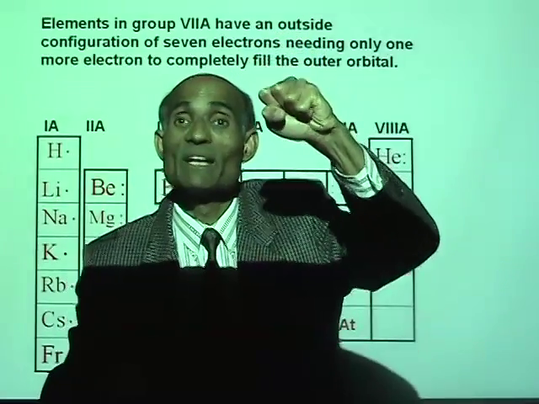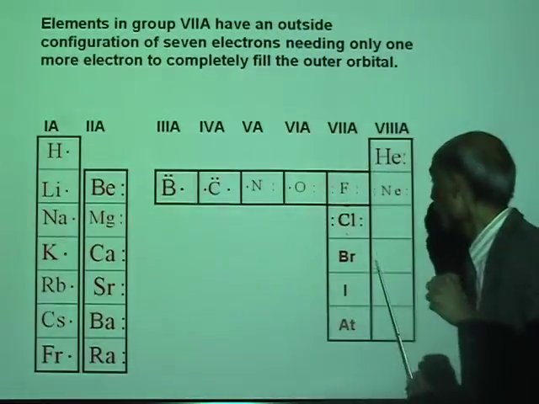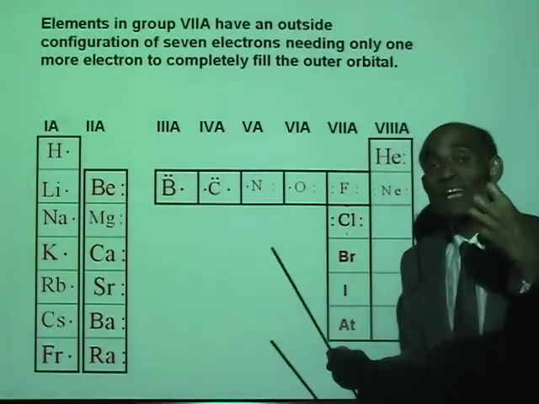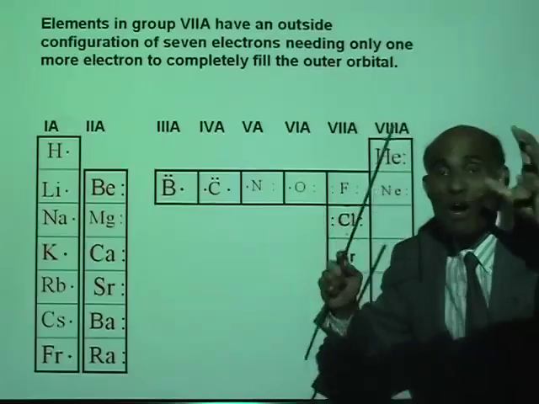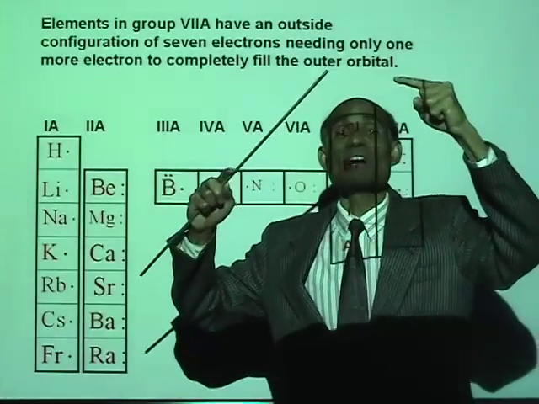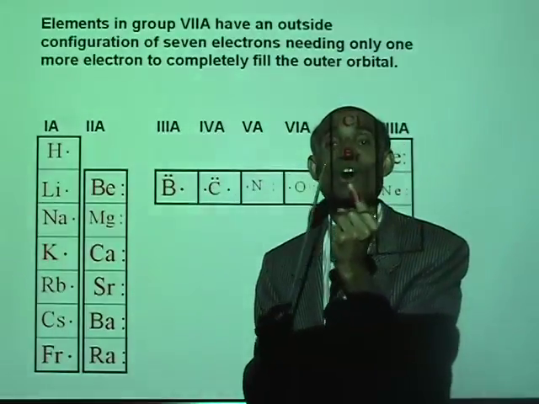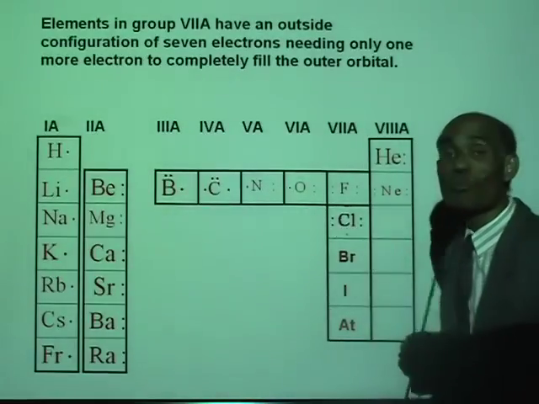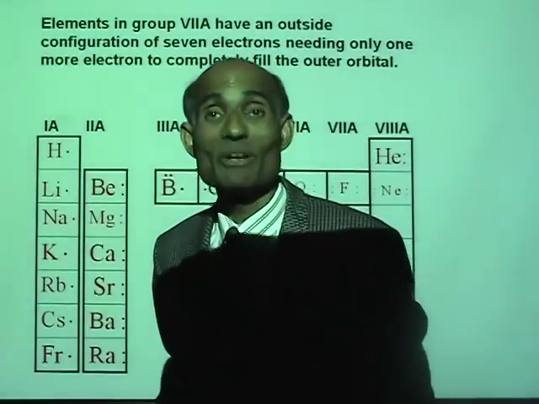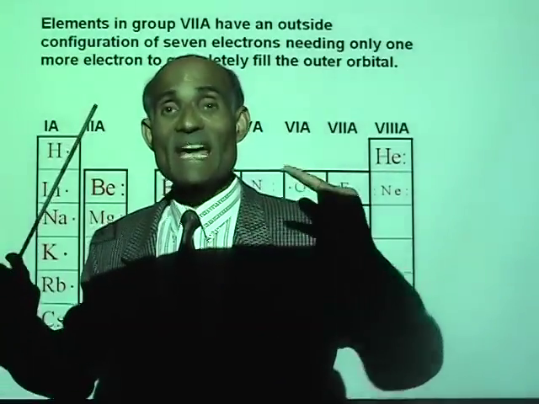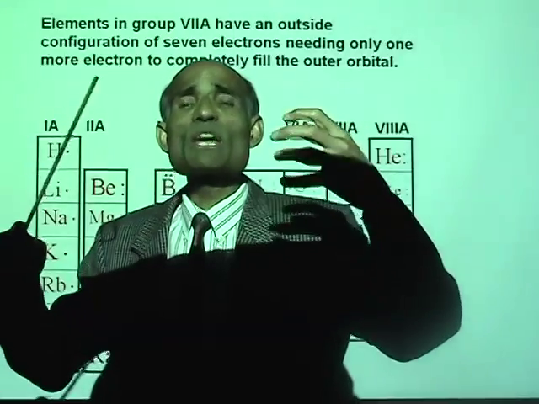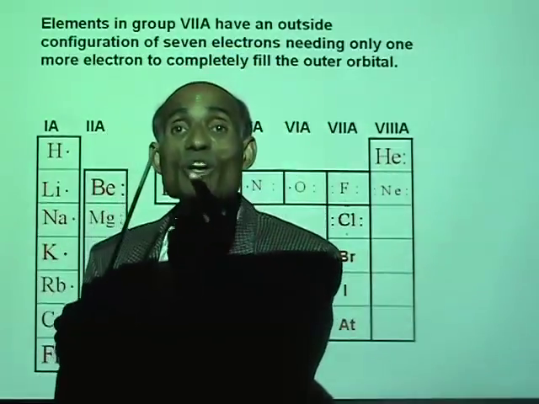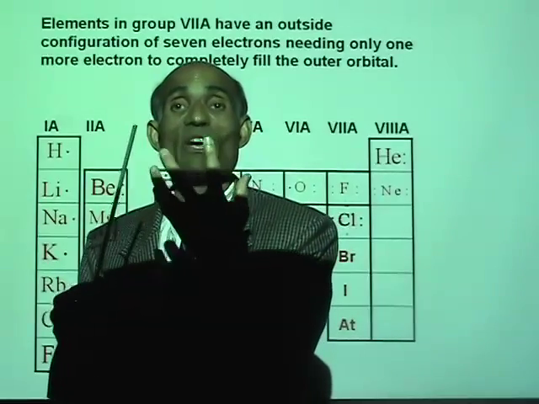In the same way, these elements do not want to react with any other elements. They are chemically inert. They are happy on their own because they have that stable 8 electron configuration, and for that reason they are called noble elements.